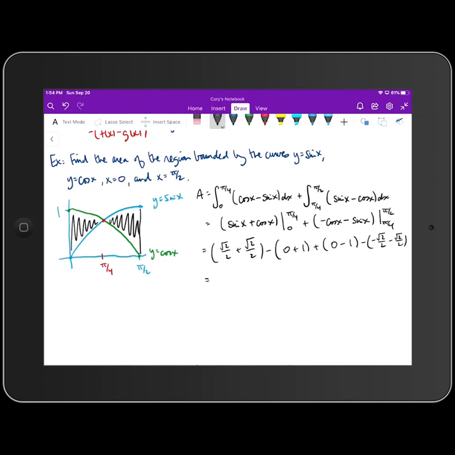So when we combine all of these parts, we get rad 2 minus 1 plus rad 2, which is 2 rad 2 minus 2 for the area of those two shaded regions.